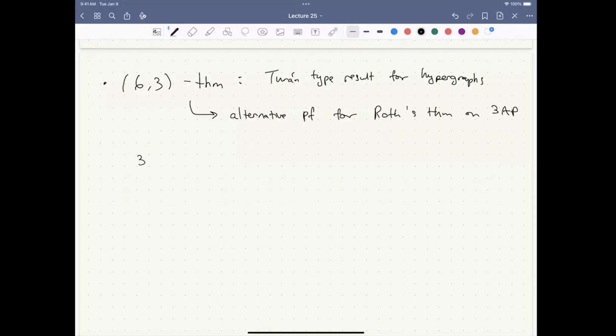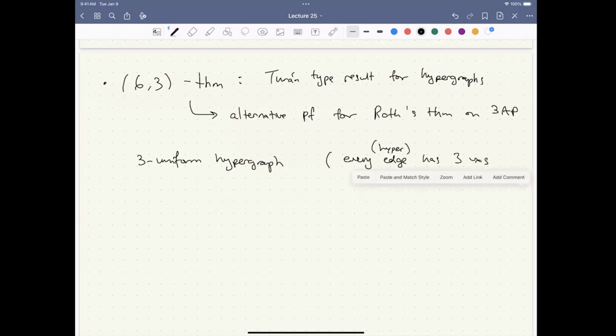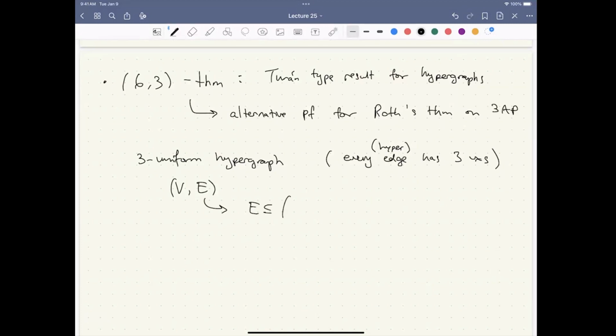Now let's work with 3-uniform hypergraphs. That means every hyperedge has three vertices, has size 3. So a 3-uniform hypergraph has a vertex set and an edge set, where this edge set is a subset of triples of vertices.